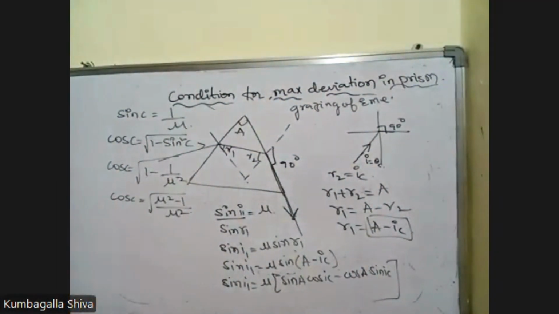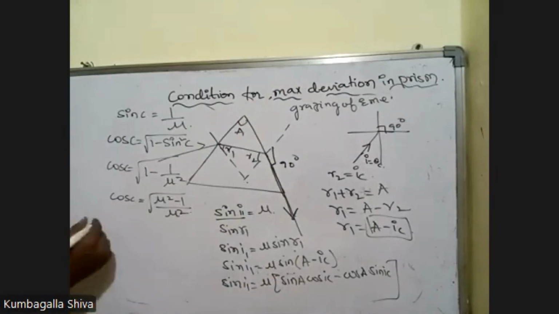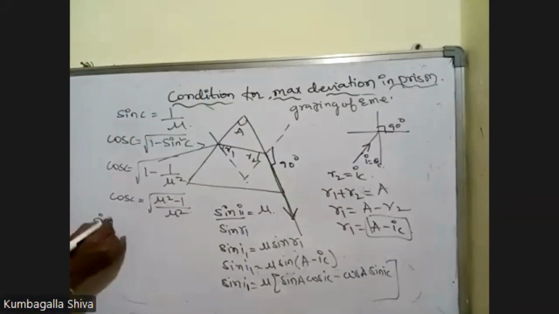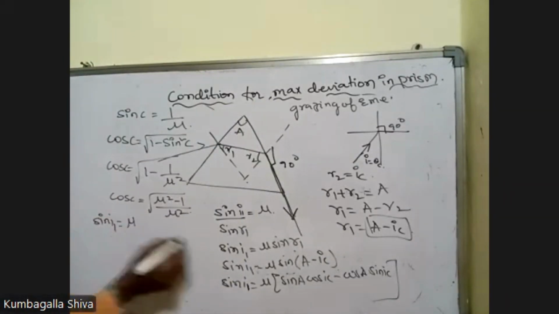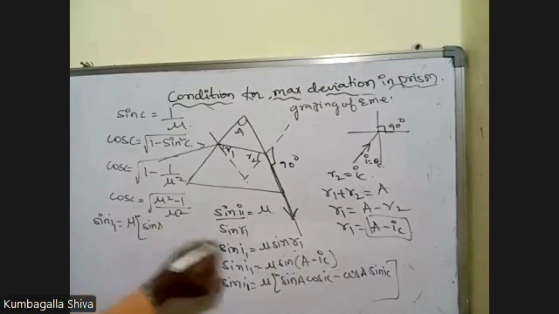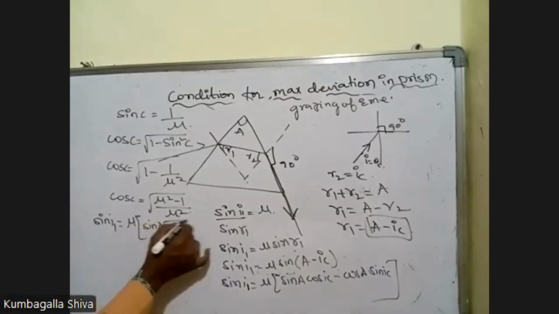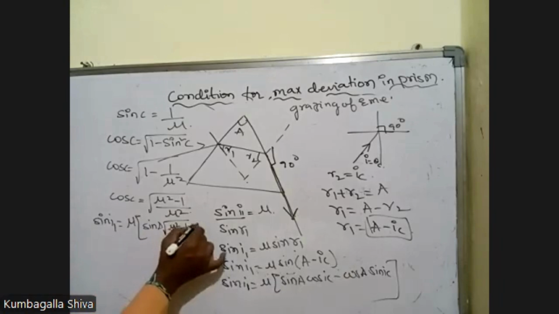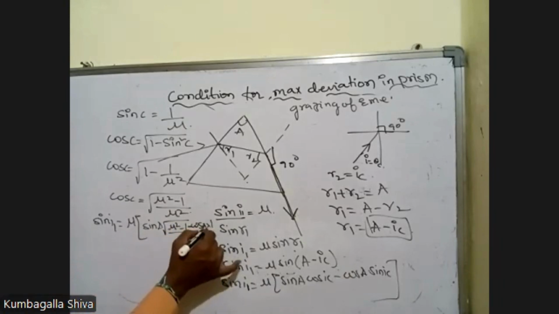Next, sine I1 is equal to mu into sine A into cos IC, which is under root of mu square minus 1 by mu, minus cos A into 1 by mu.